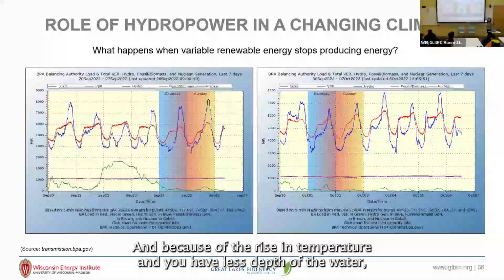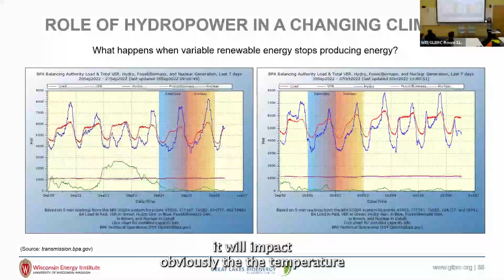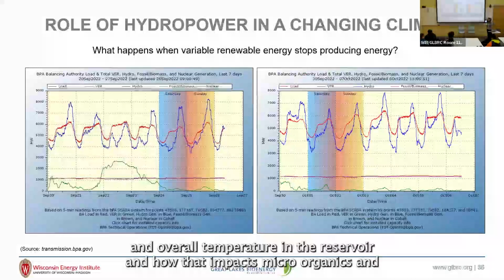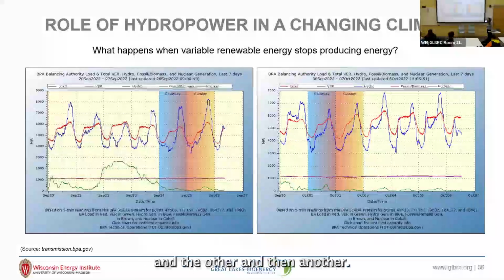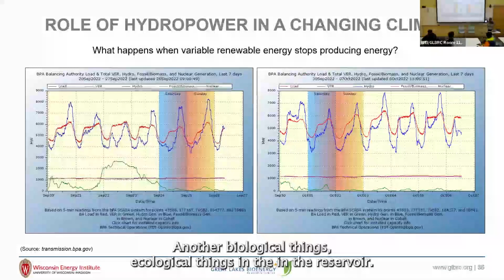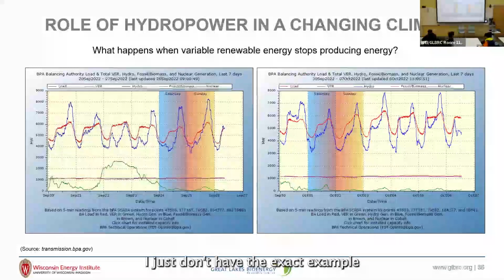And because of the rise in temperature and less depth of the water, it will obviously impact the overall temperature in the reservoir and how that impacts microorganisms and other biological and ecological things in the reservoir. I just don't have the exact example.